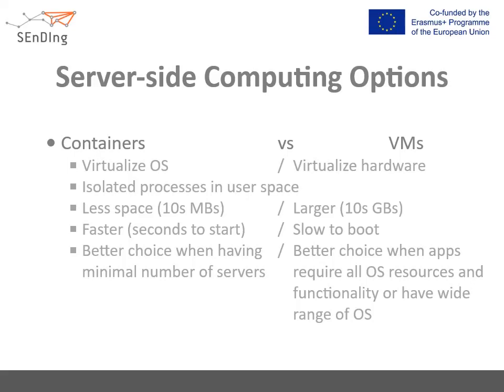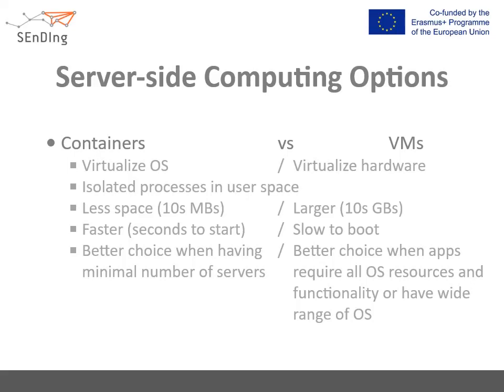On the other hand, each virtual machine includes a full copy of an operating system, the application, necessary binaries, and libraries, taking up tens of gigabytes. Virtual machines can also be slow to boot. Multiple virtual machines can run on a single machine in the presence of a hypervisor.